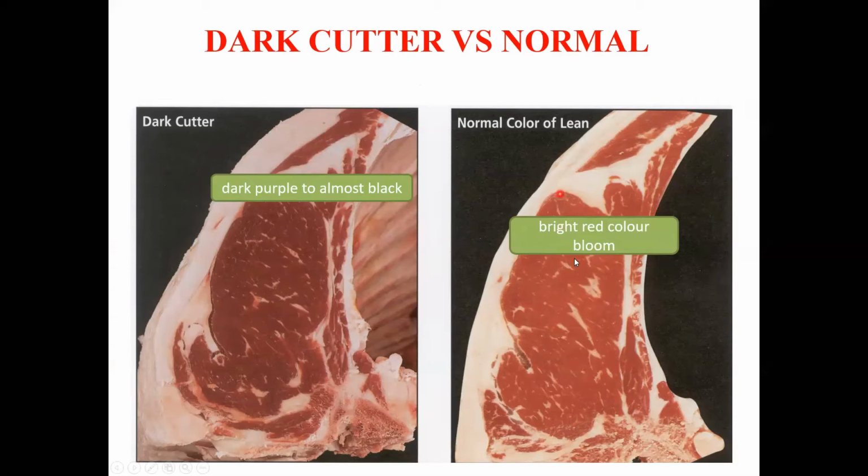You can see it is bright red in color in the case of normal. In the case of DFT, it is dark purple to almost black in color. People generally prefer the red or cherry red color, which is called the bloom. The dark color is not normally preferred by consumers.